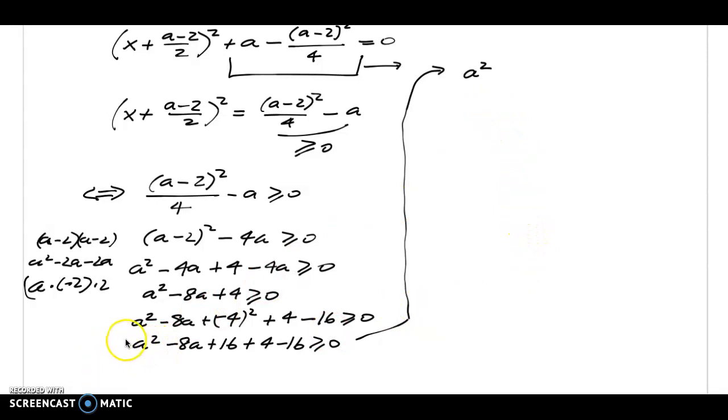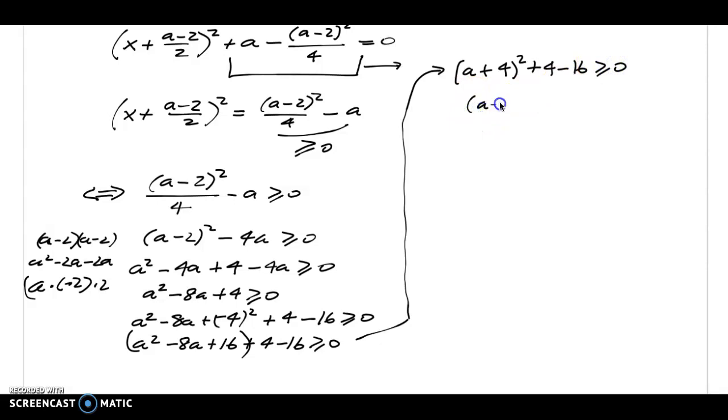So we should have a plus 4 squared, and right here is going to be plus 4 minus 16 greater than or equal to 0.